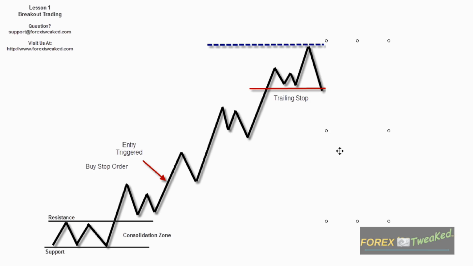Potentially, whenever you trade breakouts, that is what a typical trade would be for you. In fact, this was a good trade. In this example, our entry was here, right? The distance between this entry and where we got stopped out is our actual profit that we made on this particular trade.